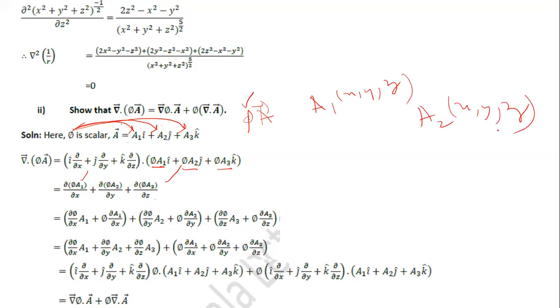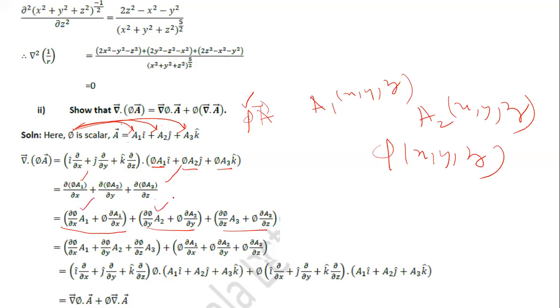Considering that, if you have the product of phi and a, phi is also a function of x, y, and z. So it's a product of two functions. You just follow the differentiation by product rule. First, differentiate the first function, multiply with the second function, plus differentiate the second function, multiply with the first function. This is what you're going to get.